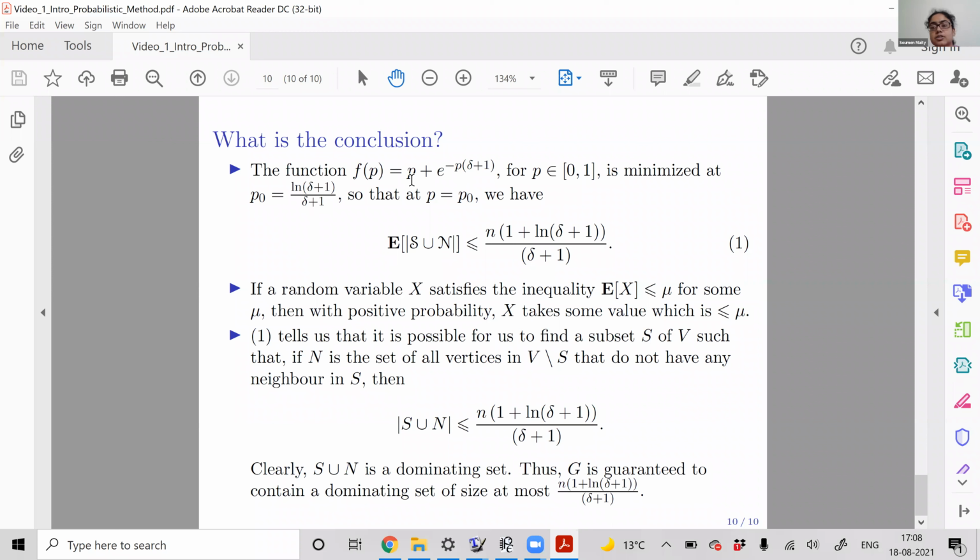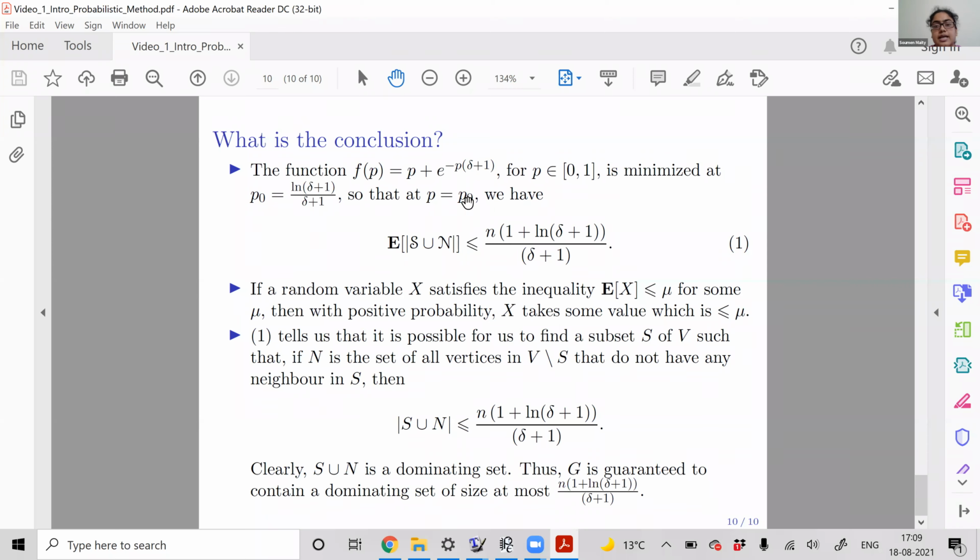And so you can sit down and do this exercise by yourself and find that this expression is minimized when you consider p equal to p naught, which is the natural logarithm of delta plus 1, divided by delta plus 1. Okay, so at p equal to p naught, you have this particular bound.